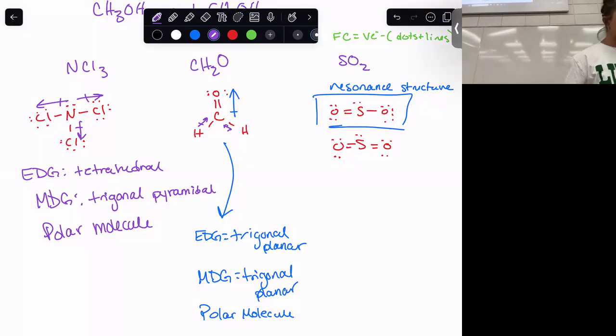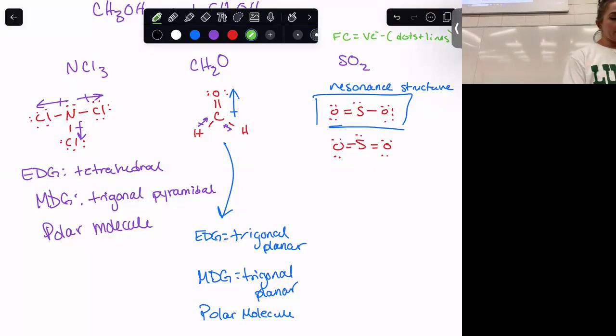If you were asked to draw the structure and the dipoles, you would just draw it for the carbon oxygen. There's nothing pointing down, and so there's only that net upward dipole for this molecule. Any questions on CH2O?